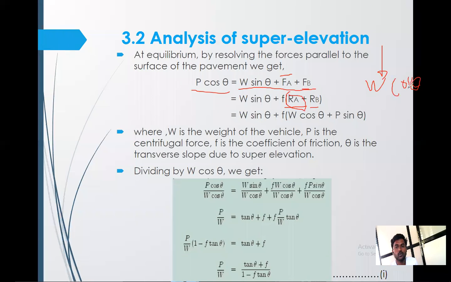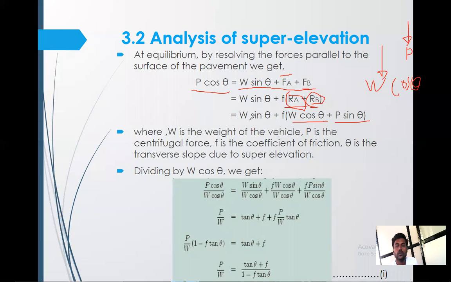And what is RB? It is the vertical downward component of the centrifugal force, that is P sin theta. So we will put RA as W cos theta, by the figure you will get that, and RB as P sin theta.